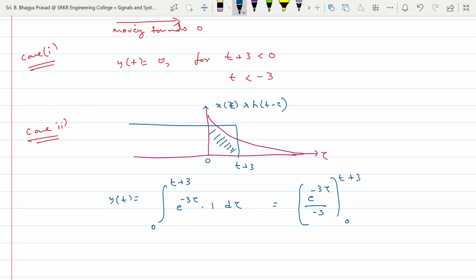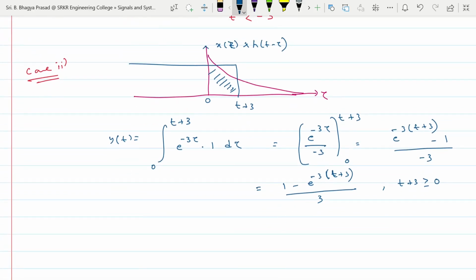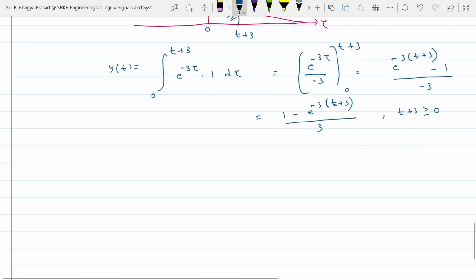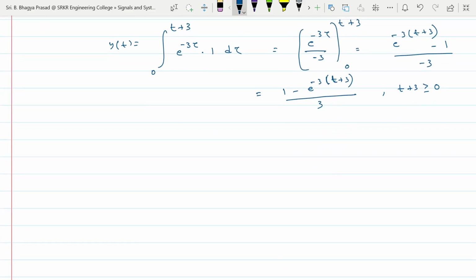So this is (e power minus 3 (t plus 3) minus 1) by minus 3. So this is (1 minus e power minus 3 (t plus 3)) by 3. This is for t plus 3 greater than 0, and this is valid for t plus 3 up to infinity.